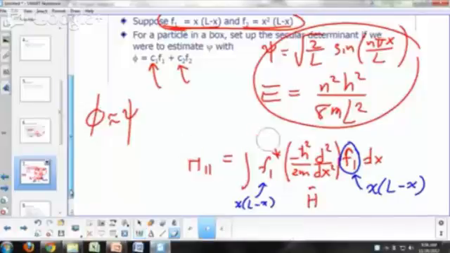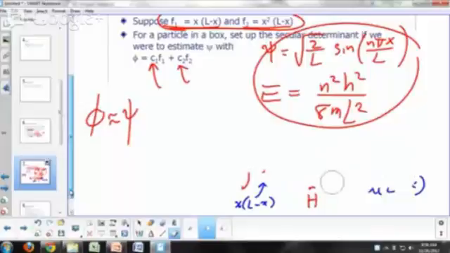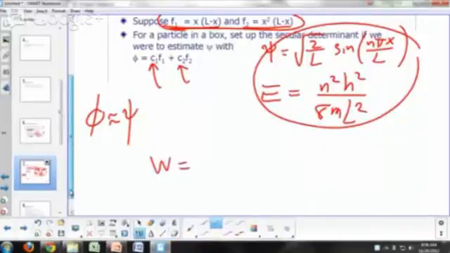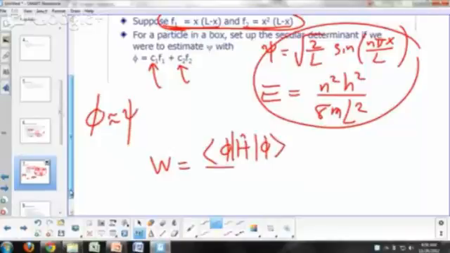So let's do this. Remember, what did we say W was? It's going to be the integral of phi star h hat phi d tau, over the integral of phi star phi d tau, correct? And what's that numerator?